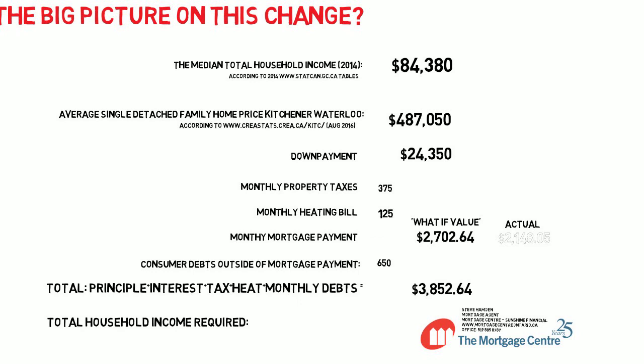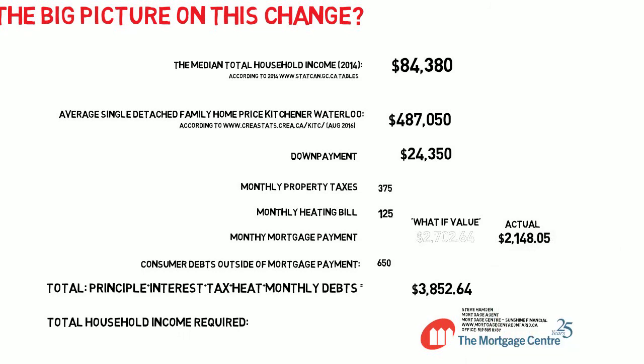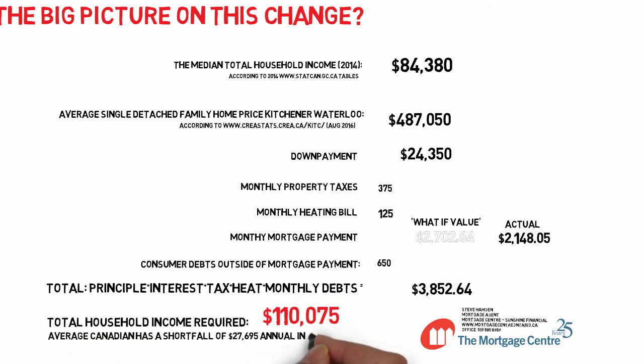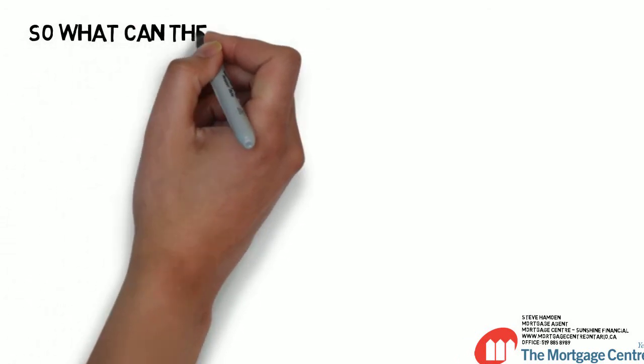So in order to service this, the total household income required would be $110,075. So we can see it is definitely a significant increase in requirement. It's actually $27,000 over what the income is, so a 33% raise is what's required for everybody.